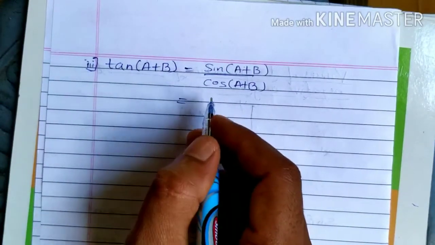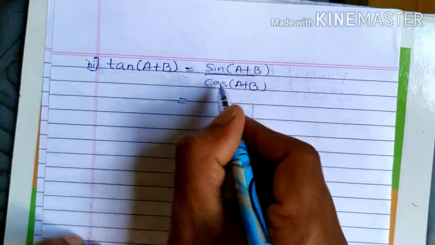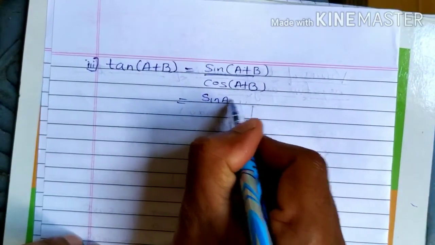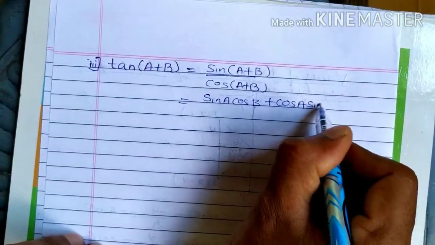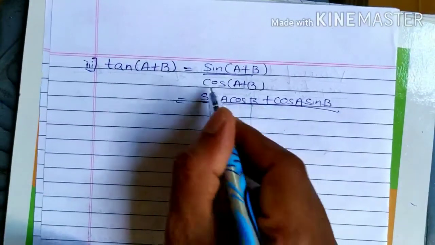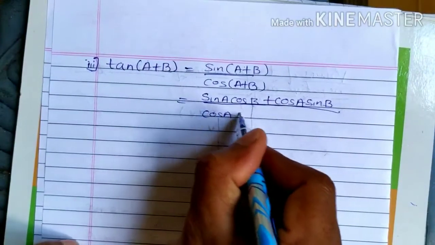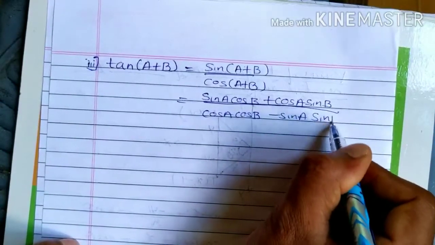All three steps you have to follow. Sin A plus B is equal to sin A cos B plus cos A sin B, divided by cos A plus B, cos A cos B minus sin A sin B.